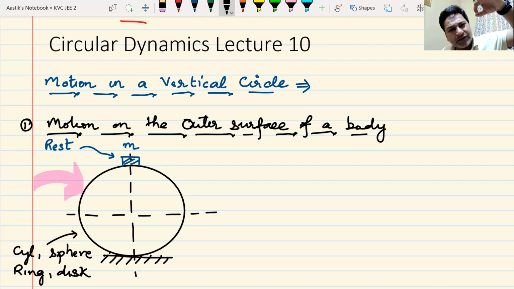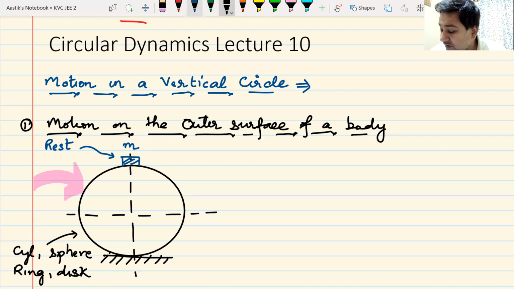Now imagine if I give it a small, very gentle, smooth push. And remember, when we are dealing with this sort of problem, we will not think that there is any friction. So all the bodies, unless otherwise stated, are going to be frictionless. So friction is not going to come.